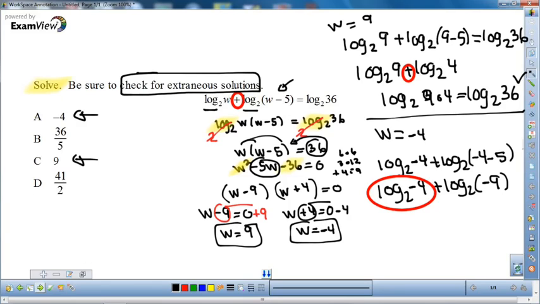Remember, this means exponents, so my base is 2. 2 to what power is going to give you negative 4, which is never going to occur. So this is not going to be an answer. That's an extraneous solution. So my only answer is w equals 9.